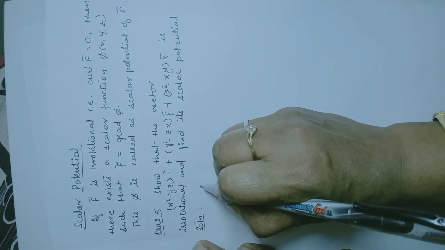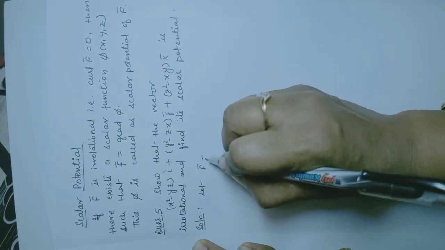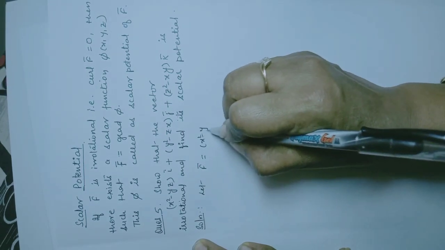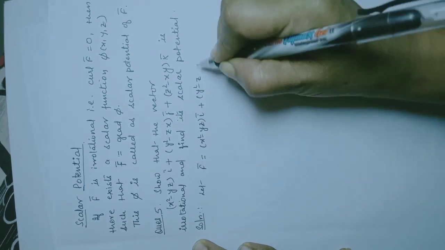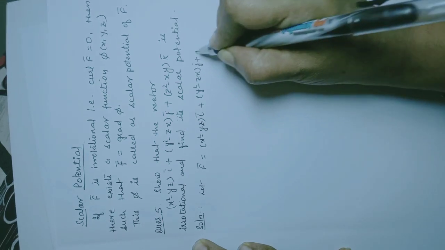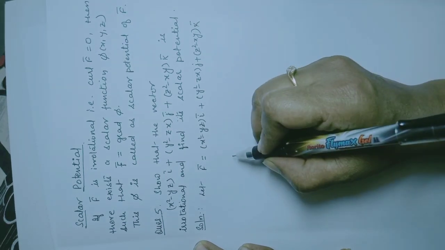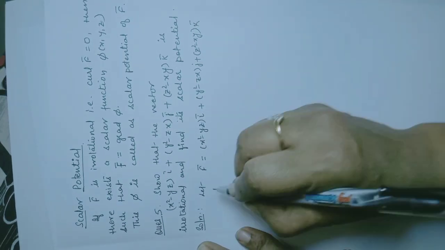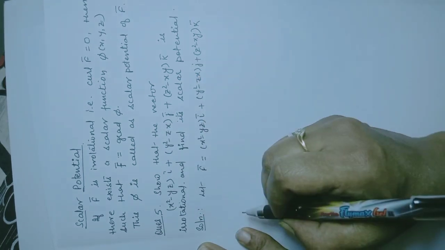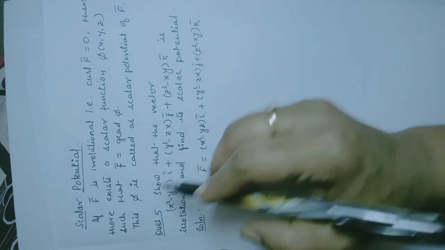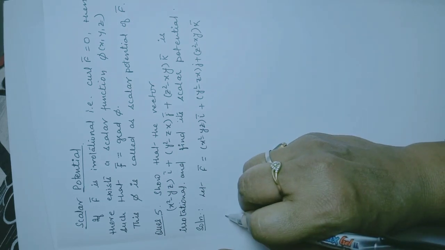So let's start it, and see, they have given you this vector. So let this be equal to f, which is given to you as x square minus yz i, plus y square minus zx j plus z square minus xy k. Now see here, we have to first show that this is irrotational, then we will find its scalar potential. Scalar potential exists only when the vector is irrotational.